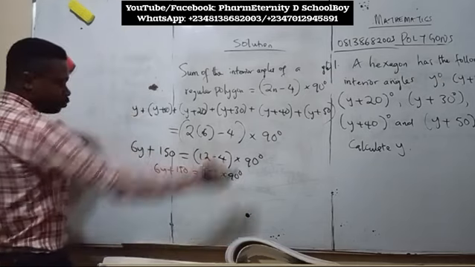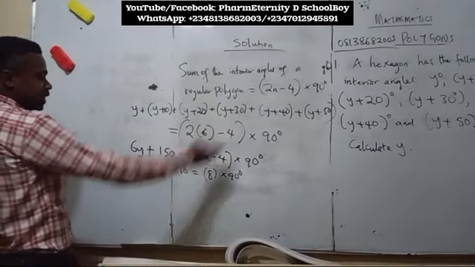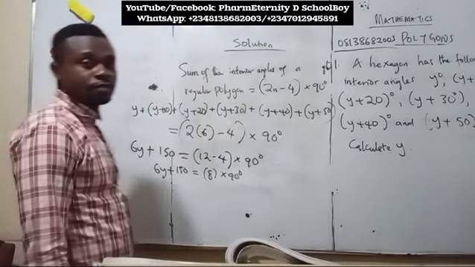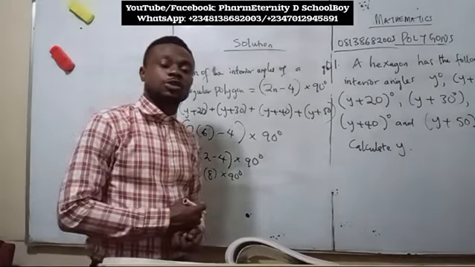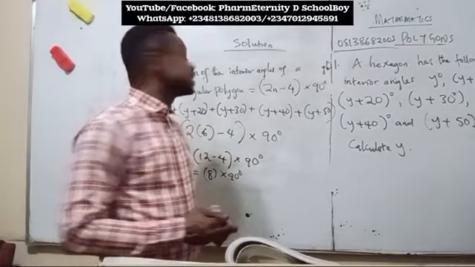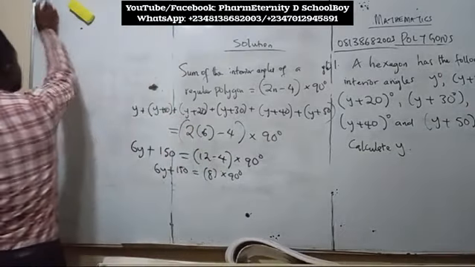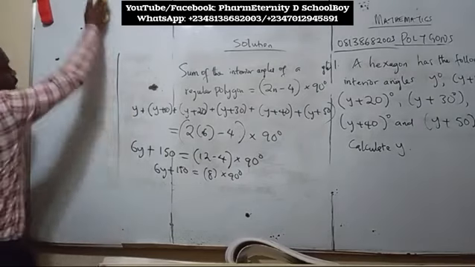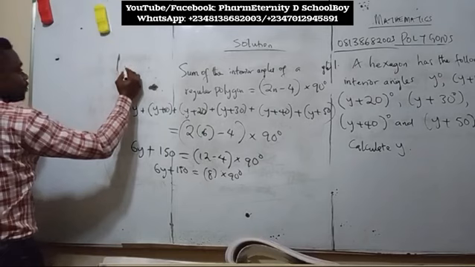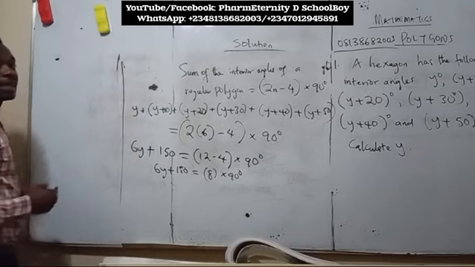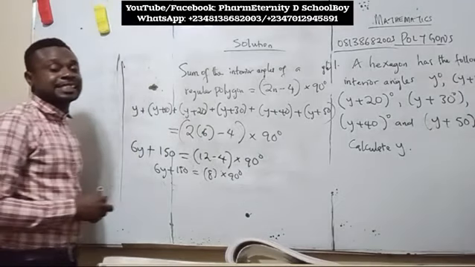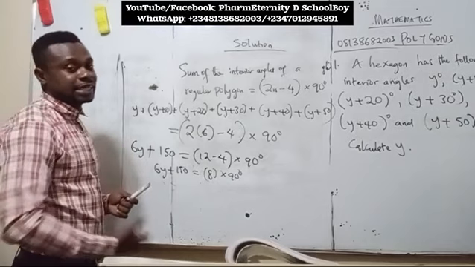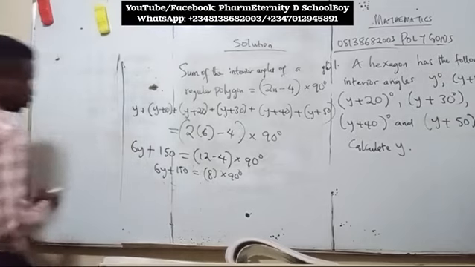So let's multiply. 8 times 90 is what? Remember that 4 times 90 is 360. If 4 times 90 is 360, that means 8 times 90 is double, which is 720.